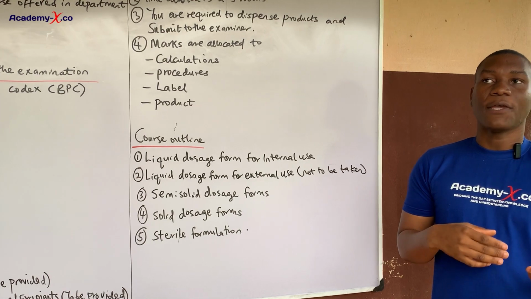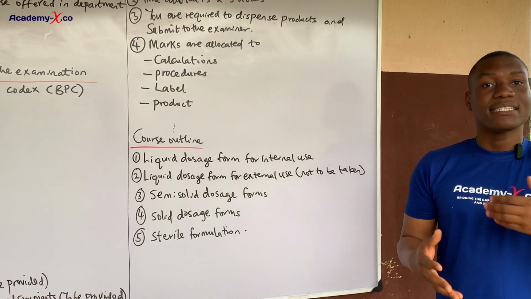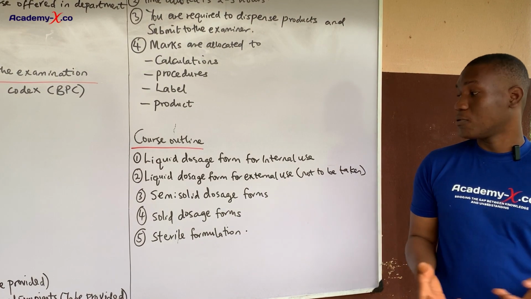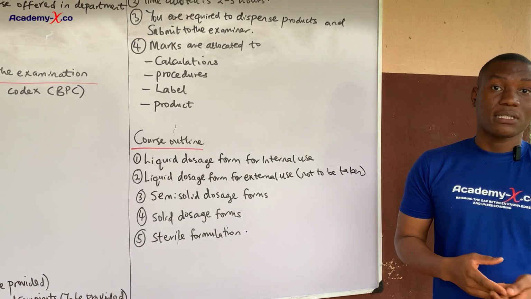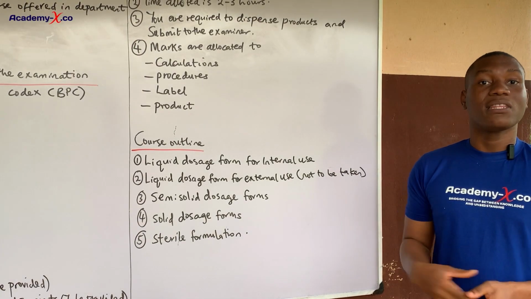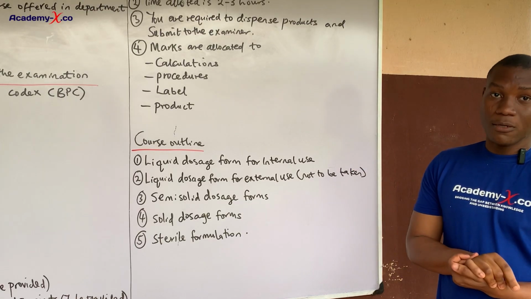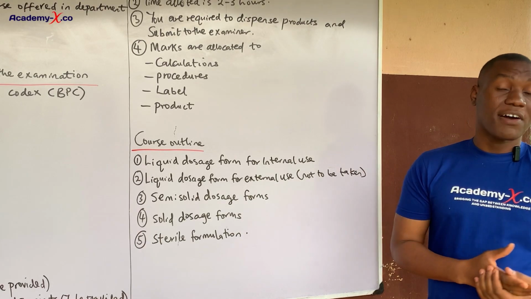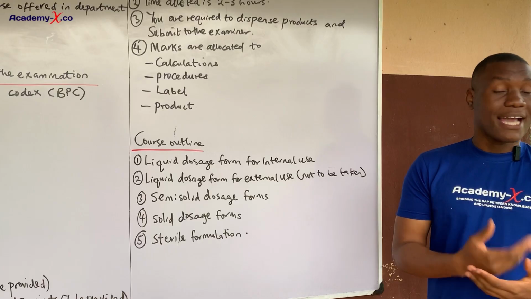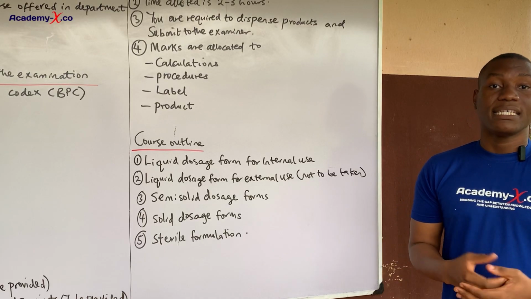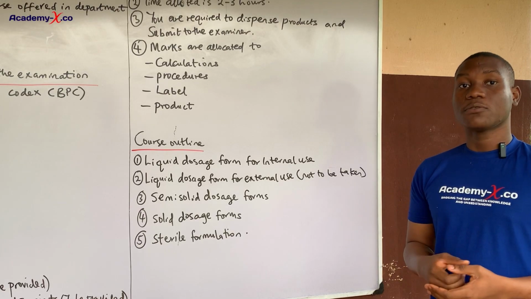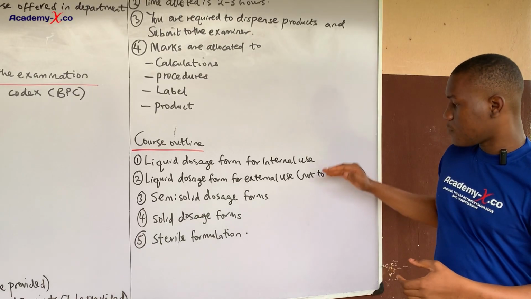We have solid dosage forms, like capsules. We are not dispensing tablets in dispensing, because that is meant for pharmaceutical technology. Then we have sterile formulations, like eye drops, nasal drops, ear drops, and the rest. So these are the five things we are going to look at in our course outline.